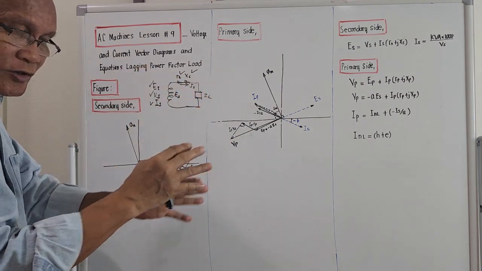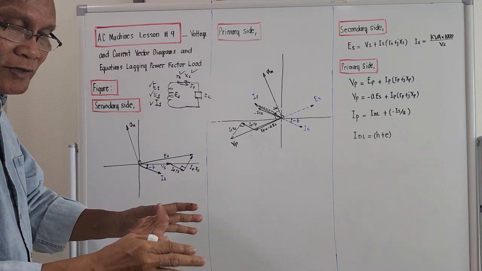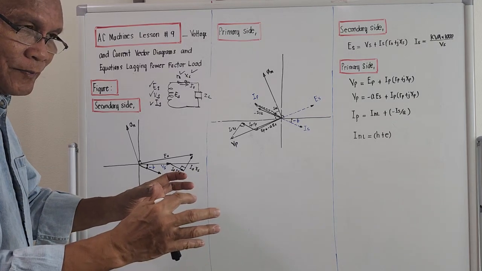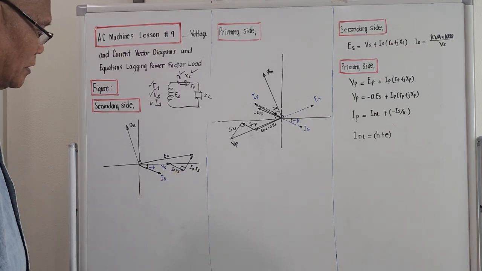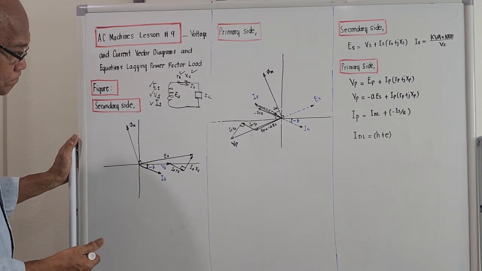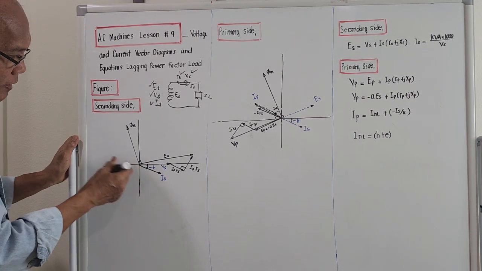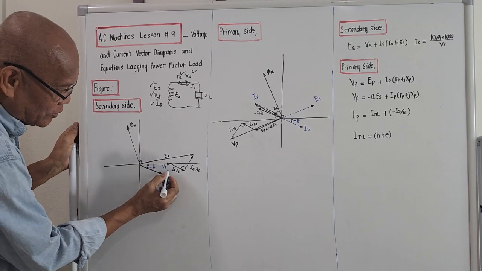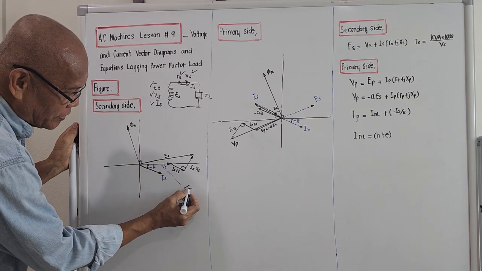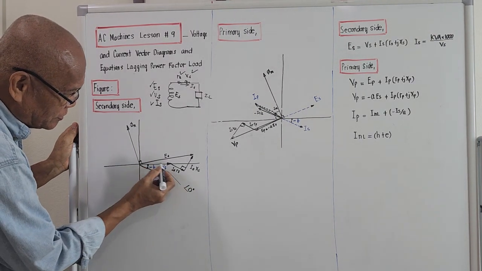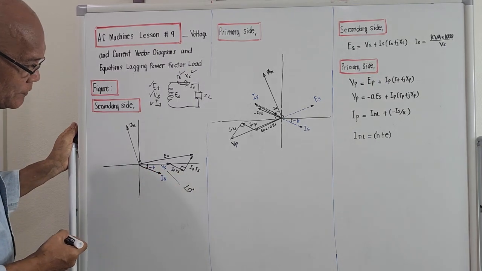It's a storytelling, but it's actually the concept on how to bring out the computation. It's like this. V sub S is always with angle 0 degrees.